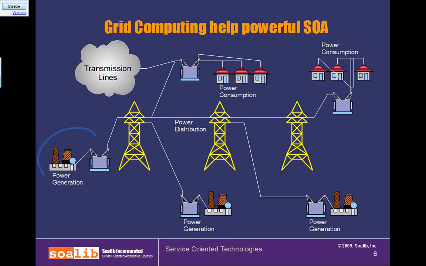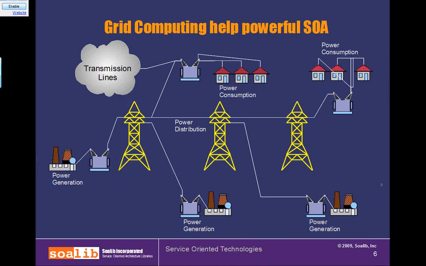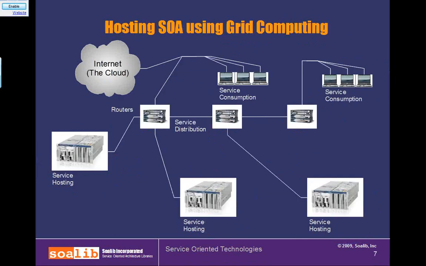These power generation stations may be thought of as servers, and these home power consumption areas may be thought of as consumers, and these lines may be thought of as just internet connection, and these towers may be thought of as routers. Now let's see what happens.